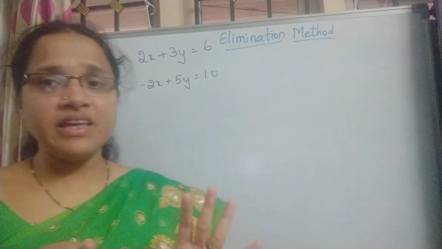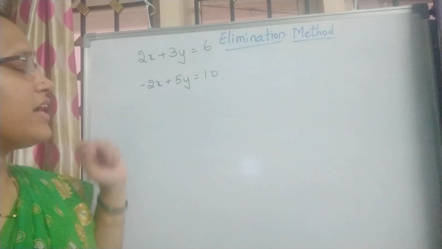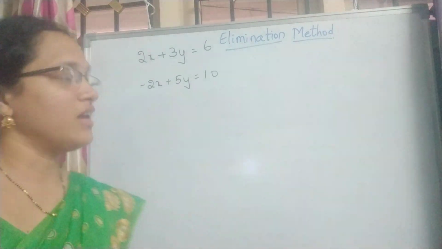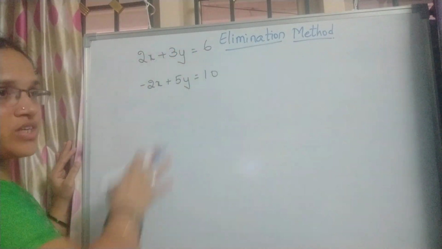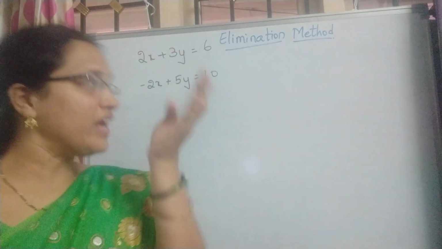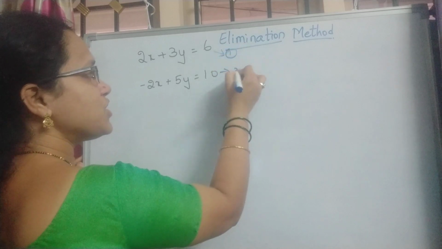Firstly, see the equation 2x plus 3y is equal to 6. And the second equation is minus 2x plus 5y is equal to 10. As these two equations are given, children, in order to eliminate, that means to take away, let us suppose that this equation is 1 and this is equation 2.